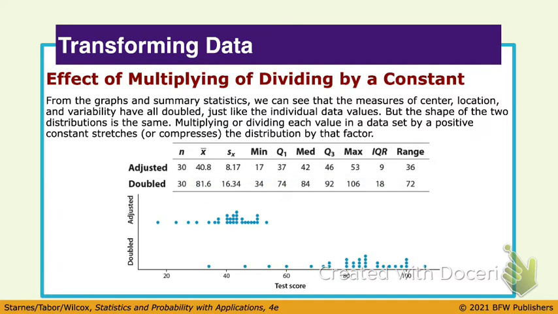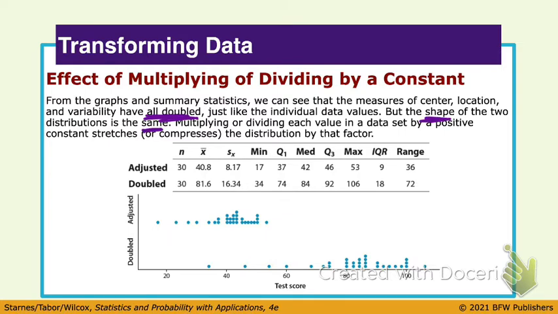From the graphs and the summary statistics, we can see that the measures of center, location, and variability have all doubled, just like the individual data values. But what has not changed is the shape of the distribution.